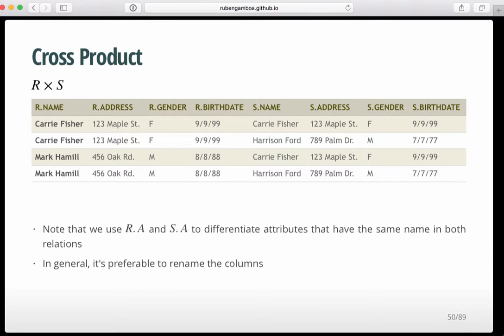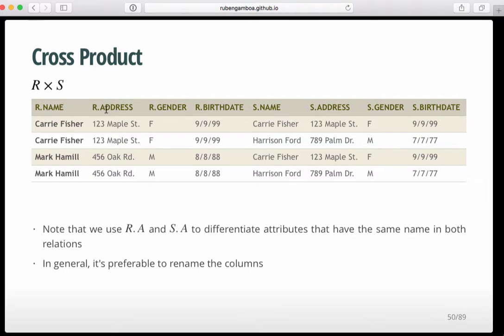Cross product. This is one that has a few surprises. What we're going to do is build a new table that has the attributes from the first relation and then the attributes from the second relation. Now, this is a strange example because the tables are union compatible, so they have the same attribute names.